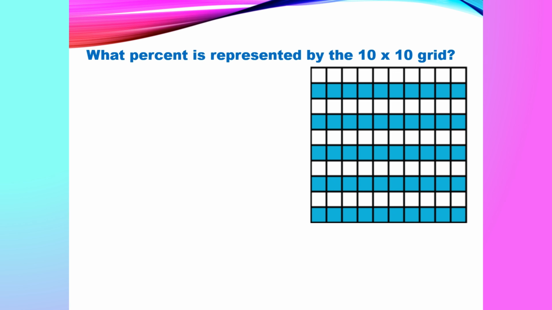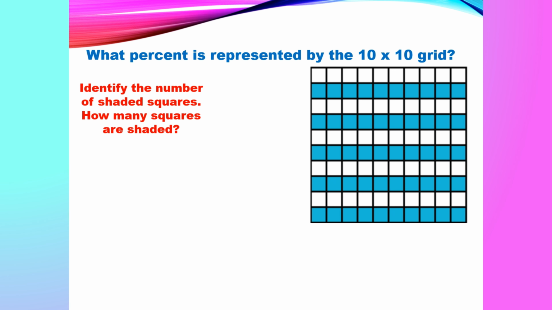What percent is represented by the 10 by 10 grid? First, you need to identify the number of shaded squares. How many squares are shaded? If you count the shaded squares, you will be able to count 50 shaded squares. So writing this as a ratio in column form, it's 50 to 100.